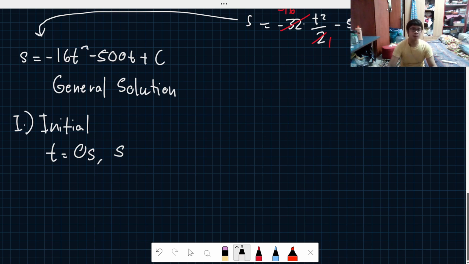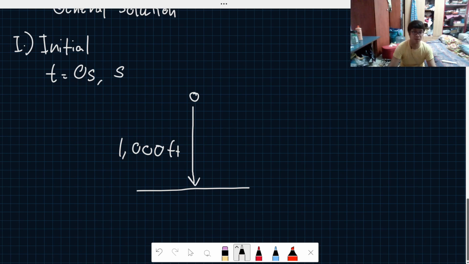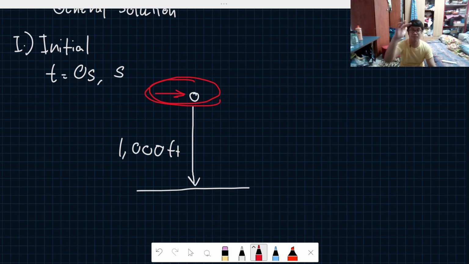Basically here, assume the body is just a ball. You're going to drop it, and it will reach 1,000 feet. Now, when you say initial, it means here, at that part. Does the body achieve a distance at the very beginning?